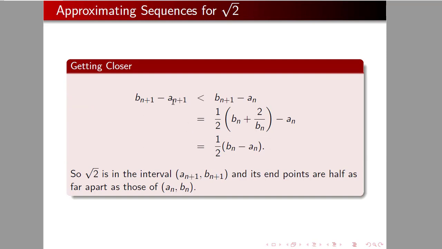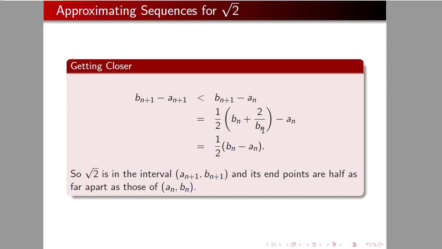Now I can take the difference between these two, and I'll run quickly through the calculation here. bn plus 1 minus an plus 1 is less than bn plus 1 minus an, because an is not as big as an plus 1. And then I substitute in the formula for bn plus 1 in terms of bn.